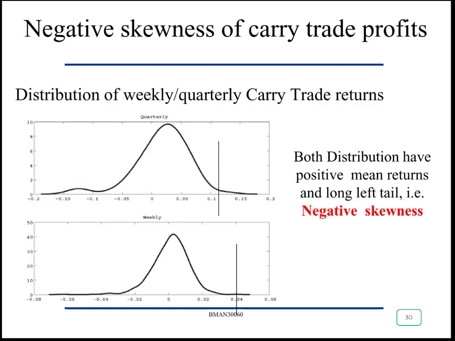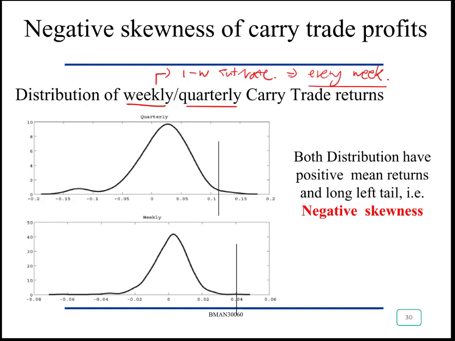We can think about a weekly carry trade strategy and a quarterly carry trade strategy. For example, for weekly, each time you rank different countries based on the 1-week interest rate, and you borrow the low interest rate currency and invest in the high interest rate currency for 1 week. After 1 week, you realize the returns, and you rank countries based on the weekly interest rate at that time. You just repeat that for a long time.